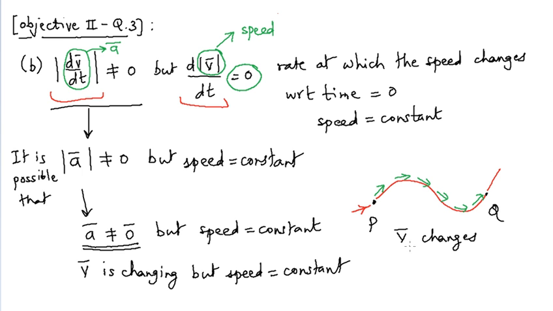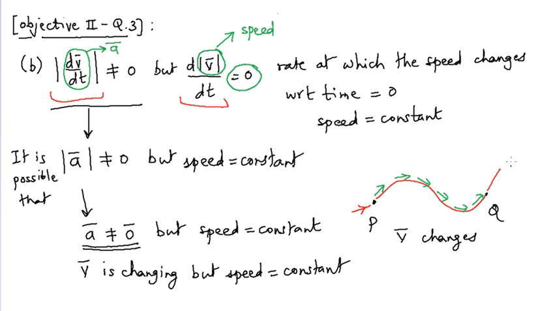One is the change in the magnitude of the velocity, that is, when the speed changes, we say that the velocity changes. The other way could be the speed doesn't change, the magnitude of the velocity doesn't change, but the direction changes. In either case, we say that the velocity changes. Of course, there could be a third case in which the magnitude as well as the direction of the velocity changes, but we are not interested in that case currently.